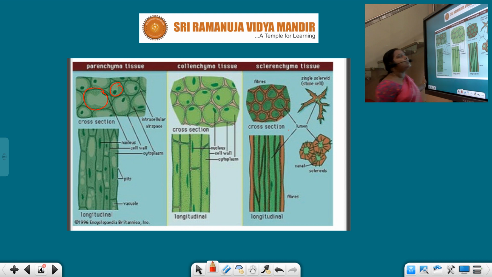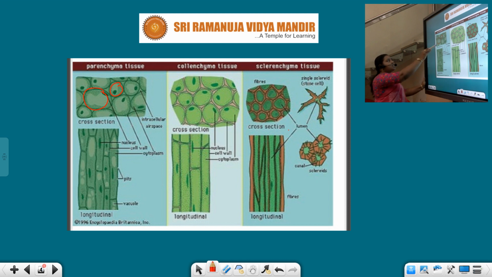And let us come to the sclerenchyma. Here the primary wall is very thin, intercellular spaces are absent, and cells are compactly arranged. There are two types of cells present in the sclerenchyma tissue: sclereids and fibers.